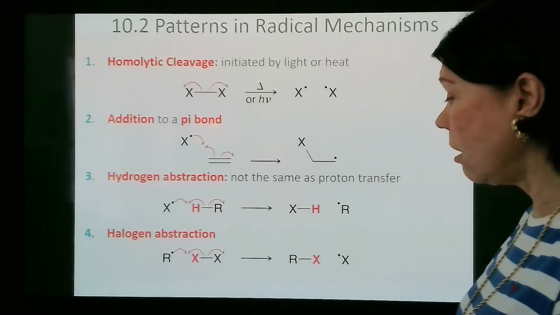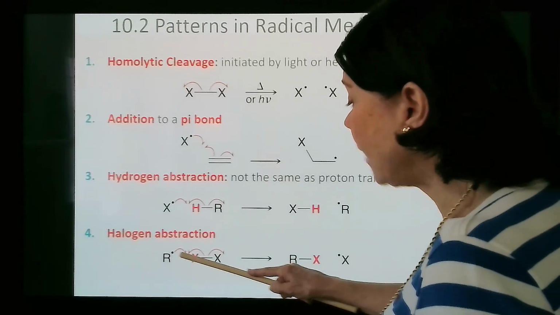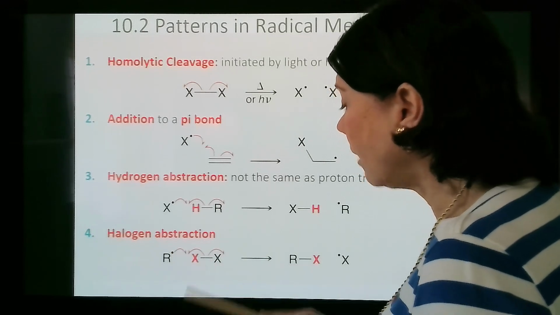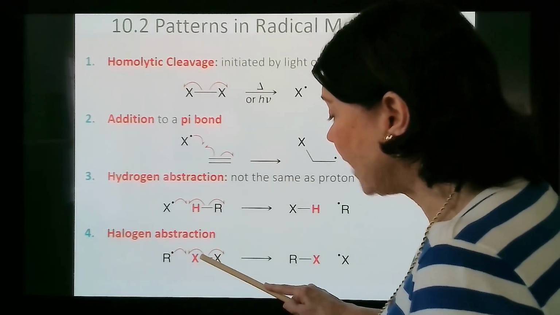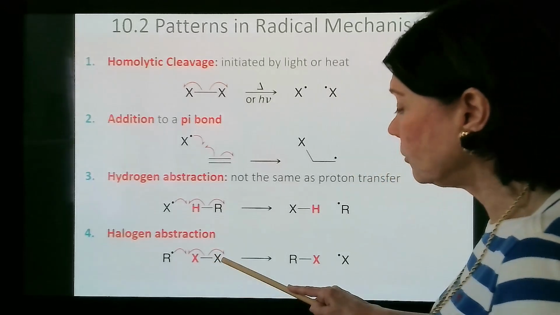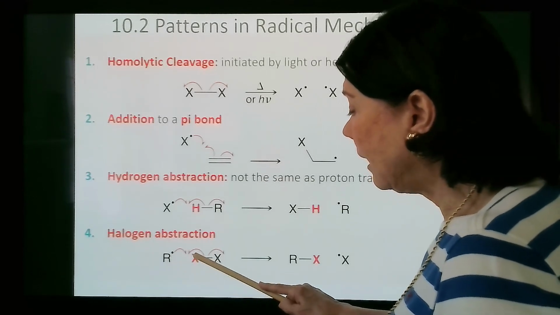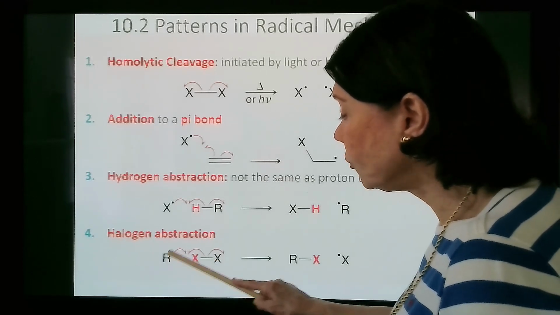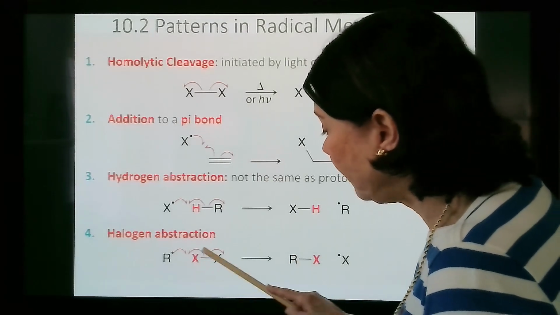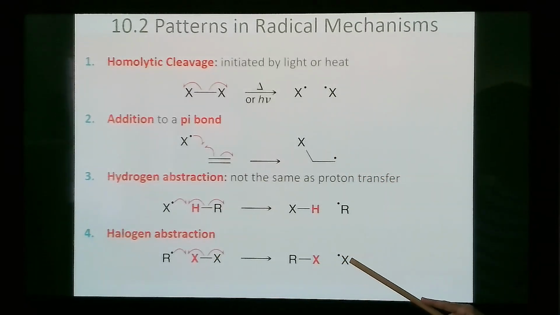The arrows drawn are exactly the same. R dot moves in, it forms a bond to X. You use the electron that is residing on R. You use one of the electrons out of the XX bond. The other electron in the XX bond departs with X. So R dot abstracts X dot and forms RX. 2 electrons, one comes from here, one comes from there. The other electron moves off with X and forms X dot.